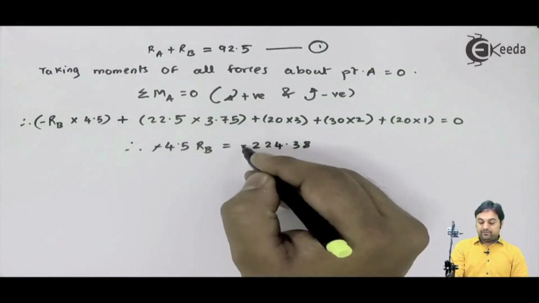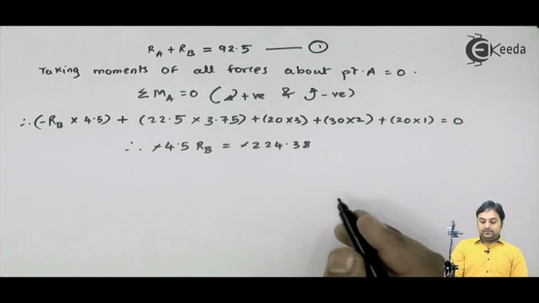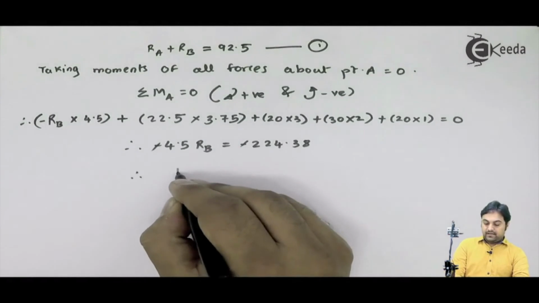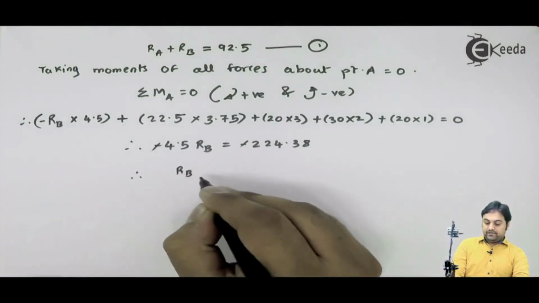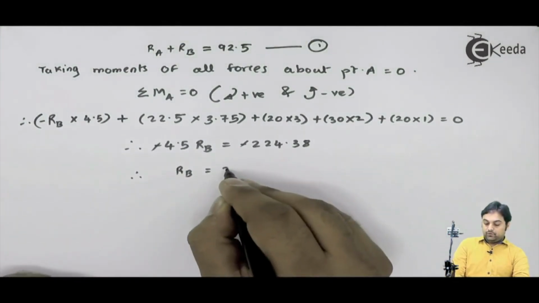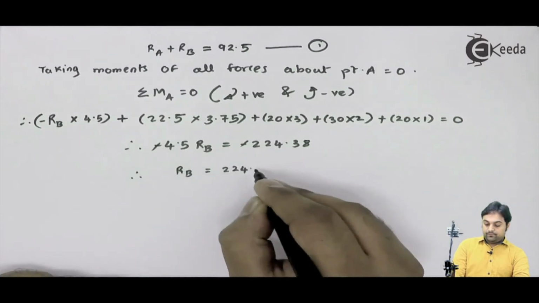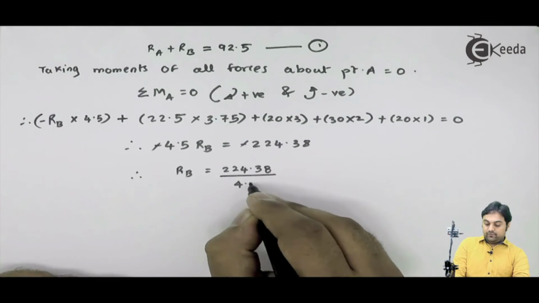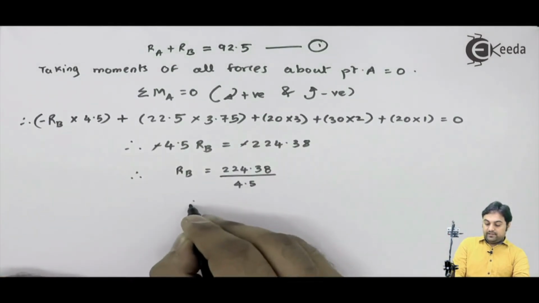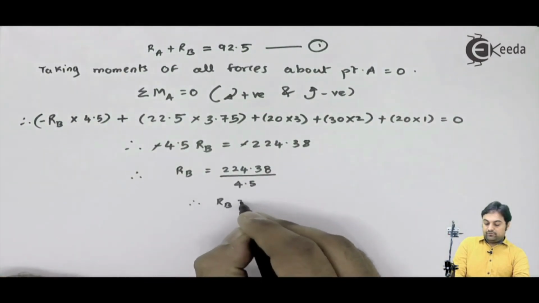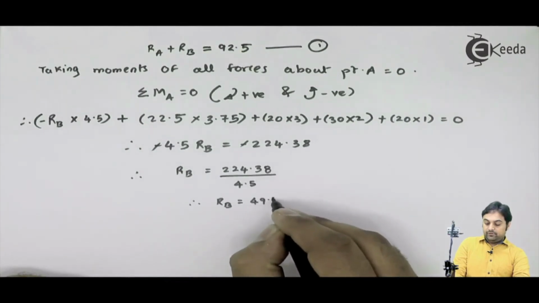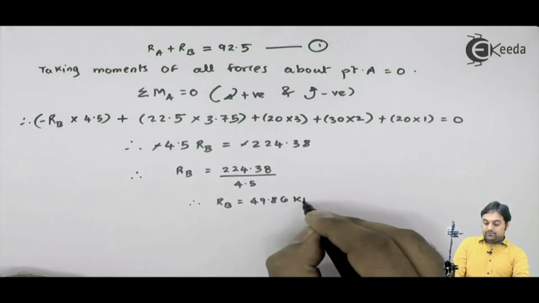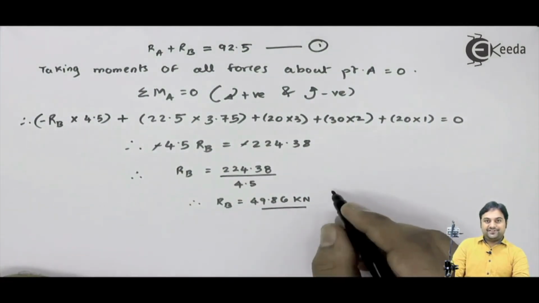From left hand side, from right hand side, negative gets cancelled. Therefore, RB will be equal to 224.38 divided by 4.5, and that will give me an answer of 49.86 kilonewton. This will be my first answer.